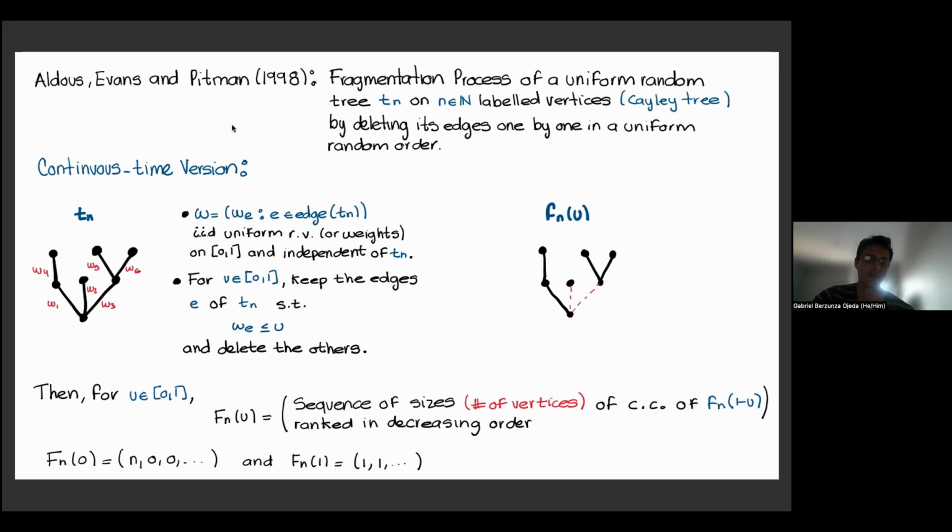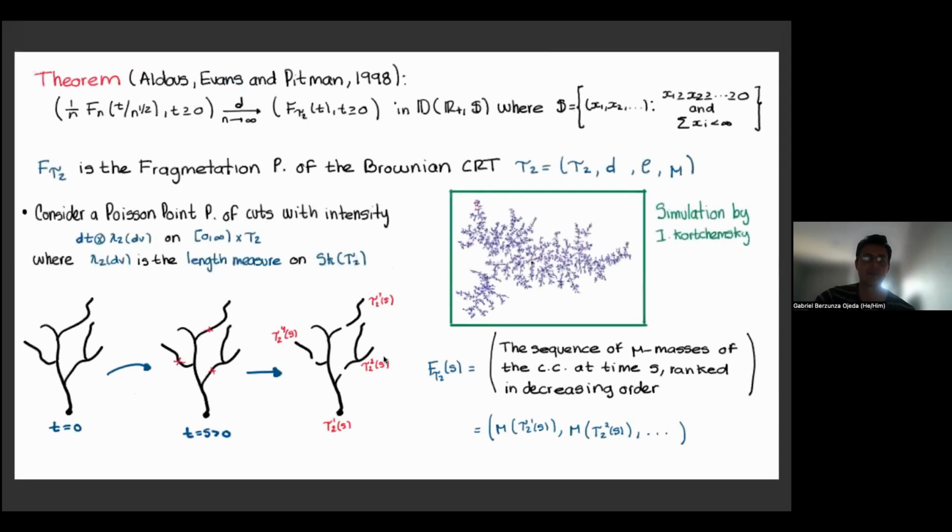So what Aldous, Evans, and Pitman did, in the case when this discrete tree is a Cayley tree of size n, was try to understand the asymptotic behavior of this process. Okay. So what they prove is the following result.